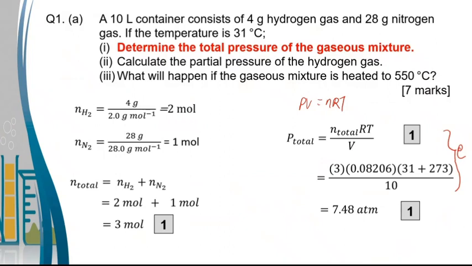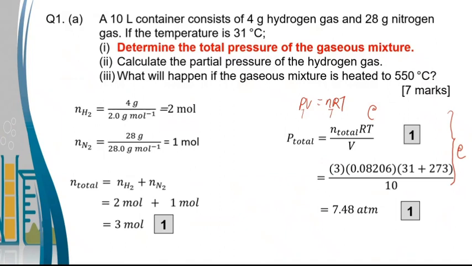You can also write the P total as PT. So all these 3 will be able to get 1 mark.